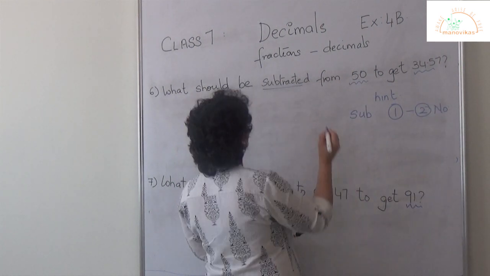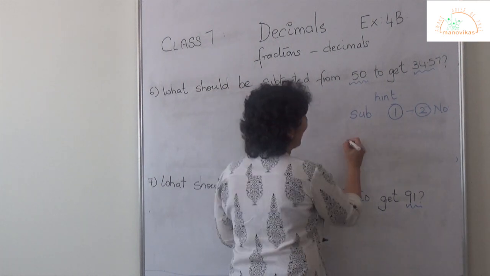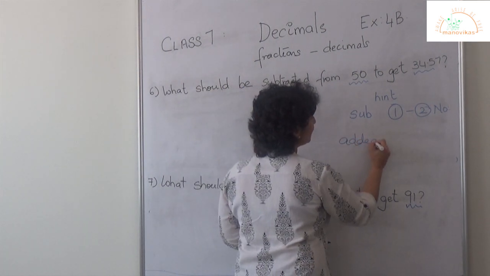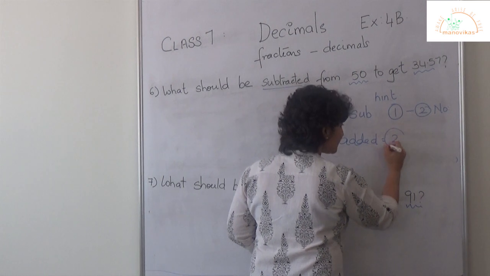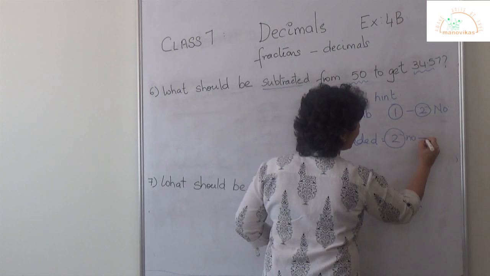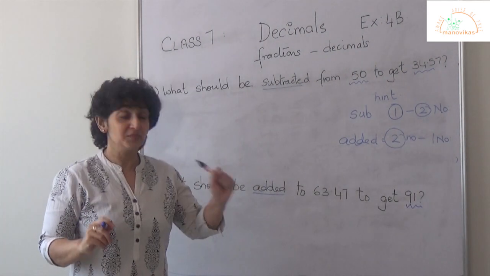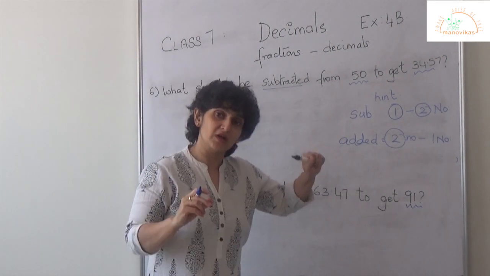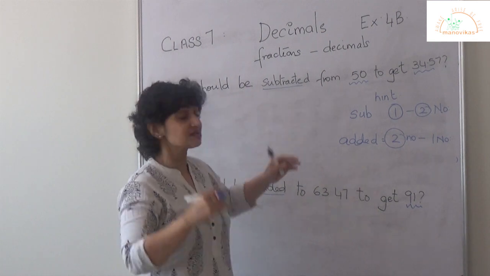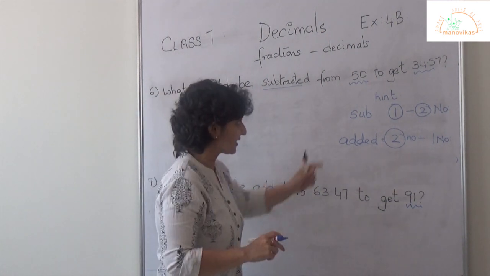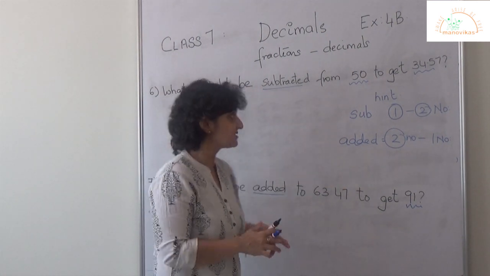And whenever they say what should be added, then you will take the second number and minus the first number. Please remember this. Whenever you come across questions like this, what should be subtracted? First number minus the second.